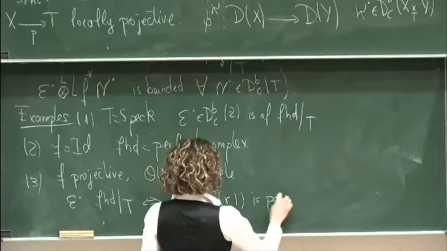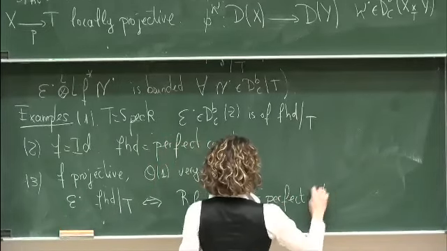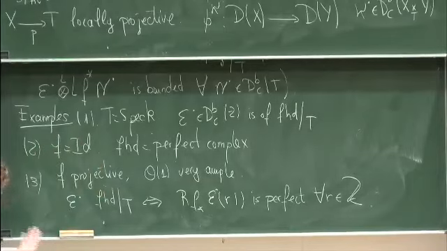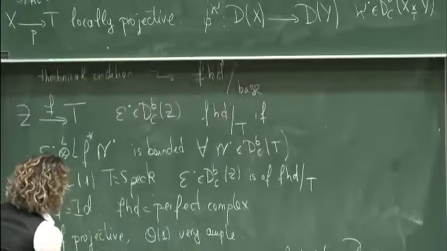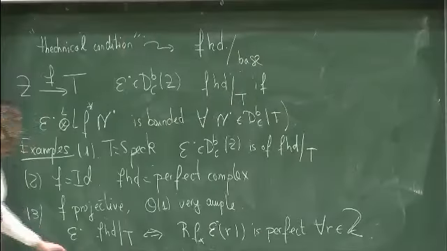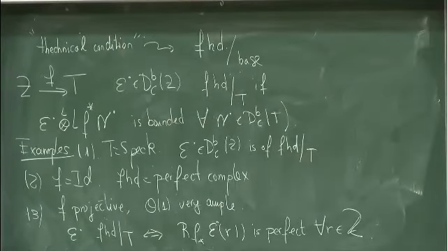It's perfect for all r. Okay, so some examples of these objects. Okay, so with this notion, we got the right conditions on the kernel.